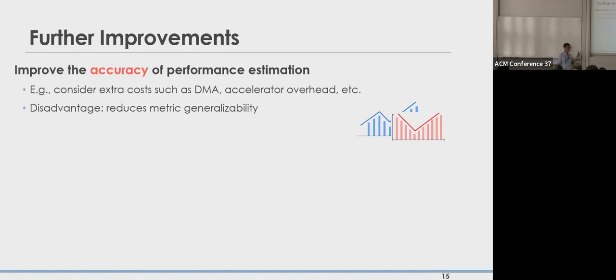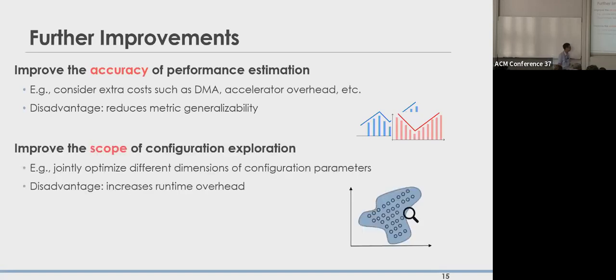But this will reduce the generalizability. It may not work on different hardware platforms. And another way is to improve the search algorithm. For example, we can consider multiple configuration parameters at once. However, this may increase the runtime overhead.